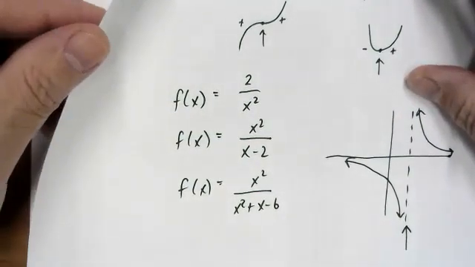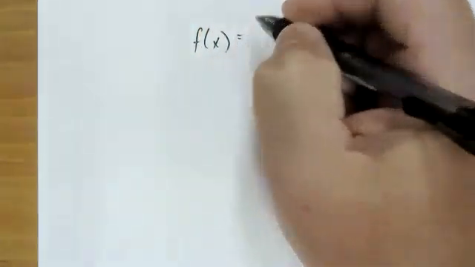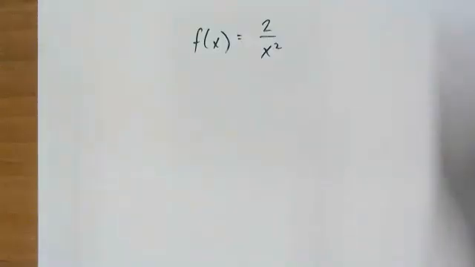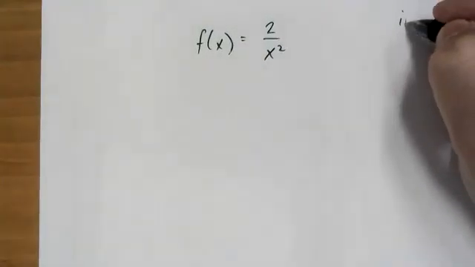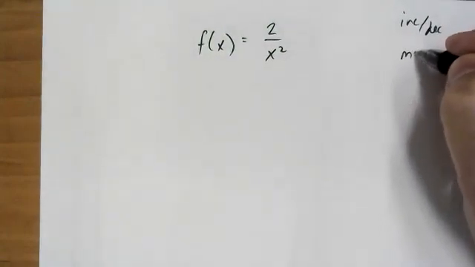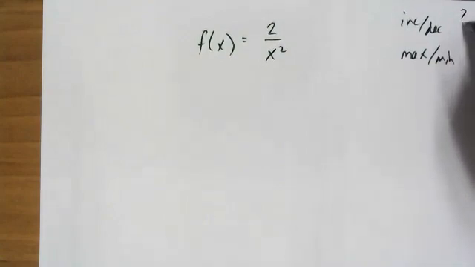Let's do this first one. So let's say we're given this function and we're asked the typical kinds of questions. We're asked to find where is the function increasing and decreasing? Where are there any relative maximums and minimums? That's typically the kind of thing we're asked.